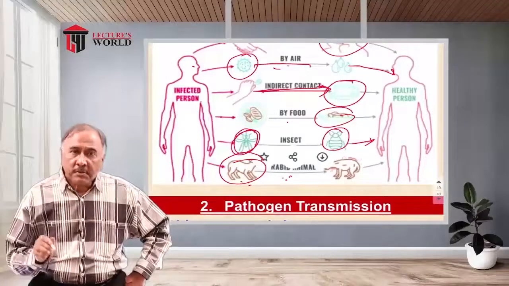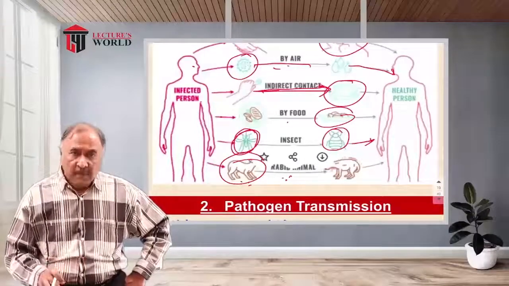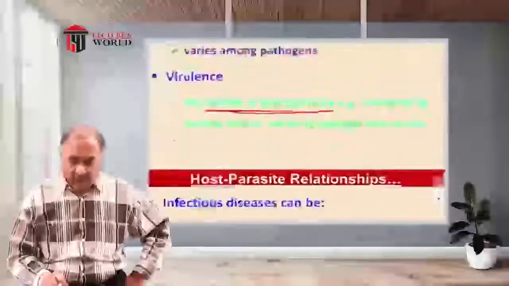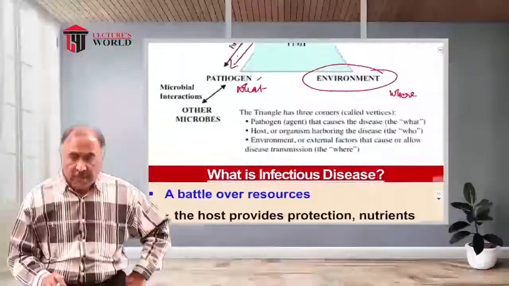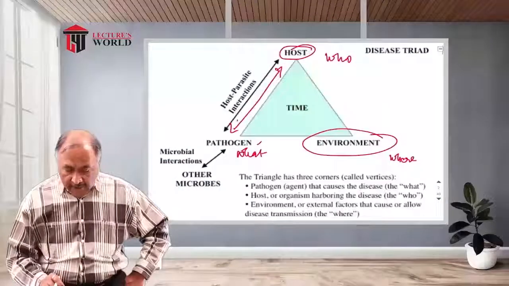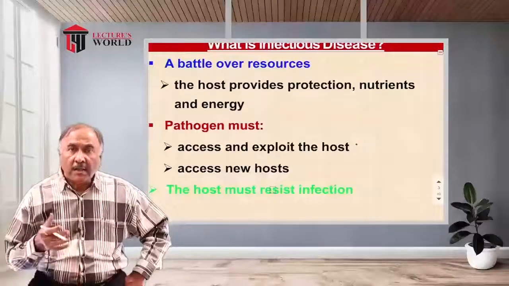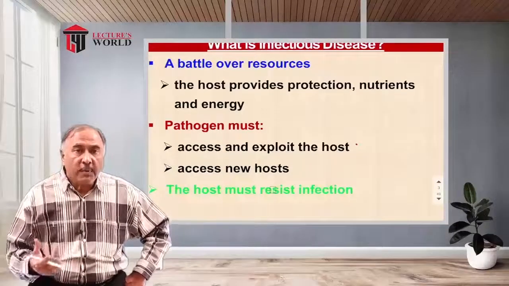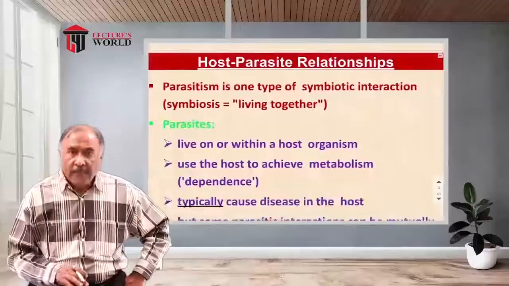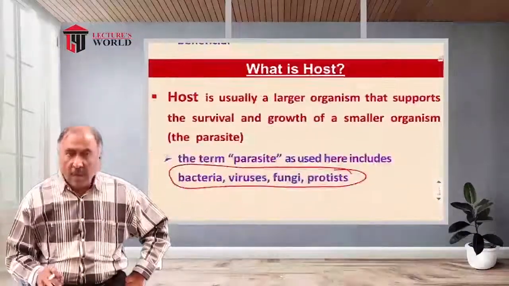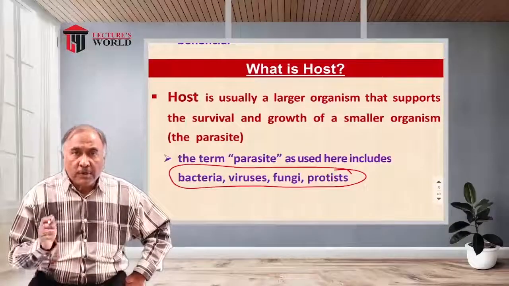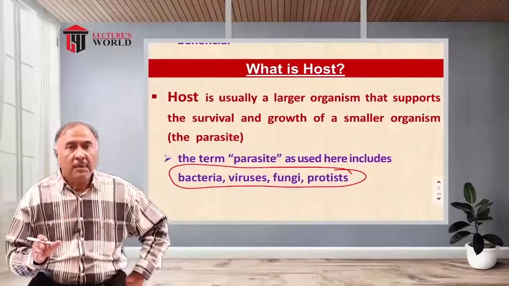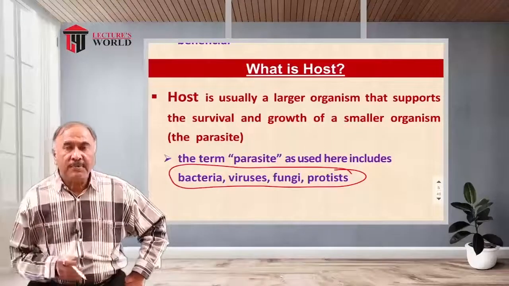So, for today's lecture, we have studied what is host, what is parasite, what are the different types of terms that we used, what is the disease triad, what are the necessities of a pathogen to flourish, and what the host would respond, how the host would try to overcome the pathogen, and how the pathogen would try to overcome the host immune response.